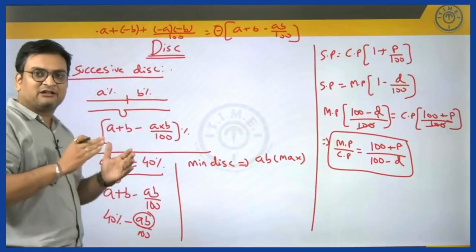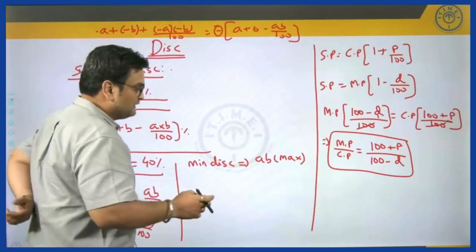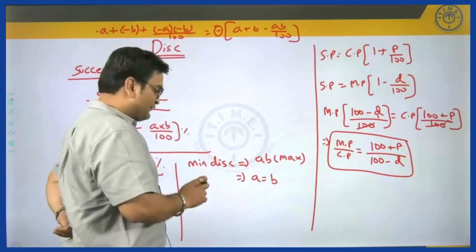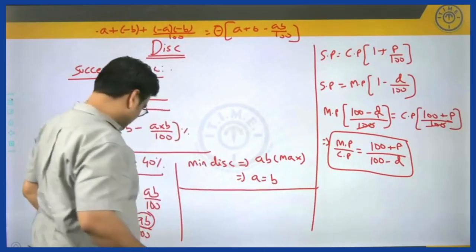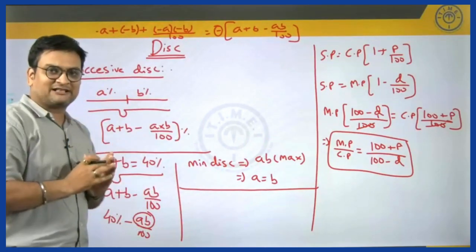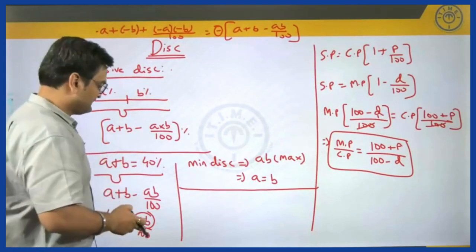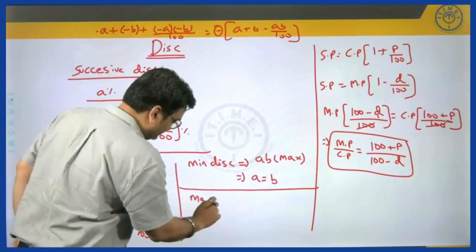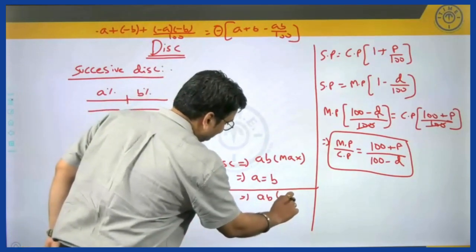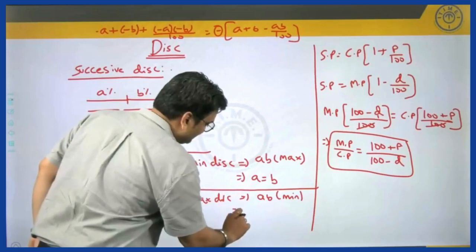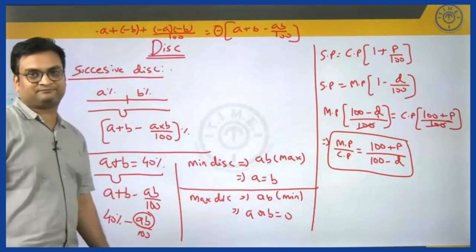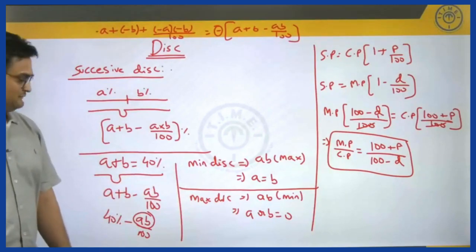When the sum is constant, when the numbers are equal. So if you put A equal to B, in this case, you will get the minimum possible discount that should be given to the customer. Now for maximum discount, the condition is A into B should be minimum, and A into B is minimum when either A or B is 0.